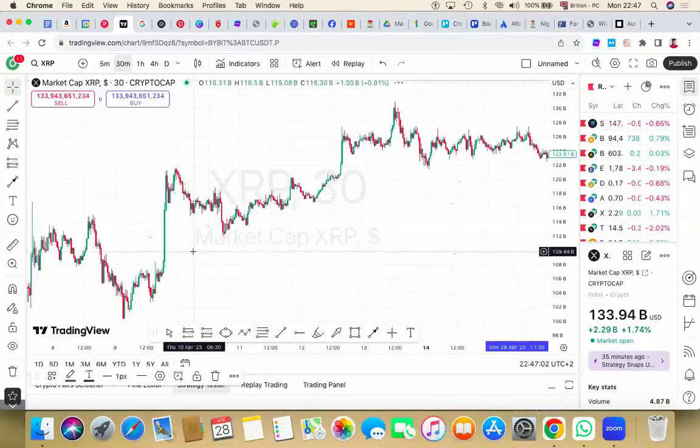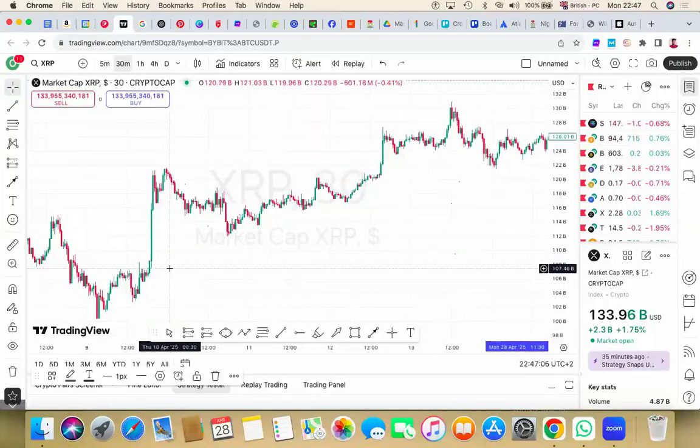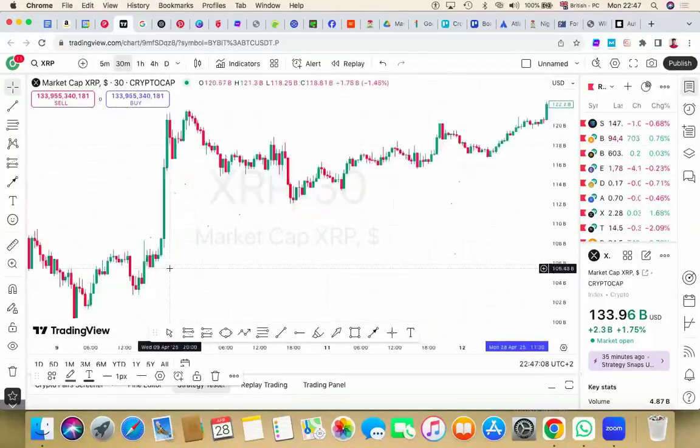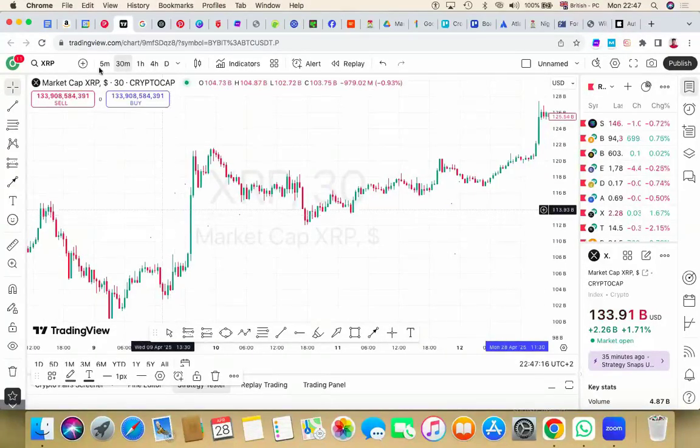You can see here, this is a very clear and good example of what I'm talking about. Look, they actually manipulated price here, and the next thing you will see, they will drive it back down. This is just a 30 minutes chart, which is why you are seeing it clearly there.